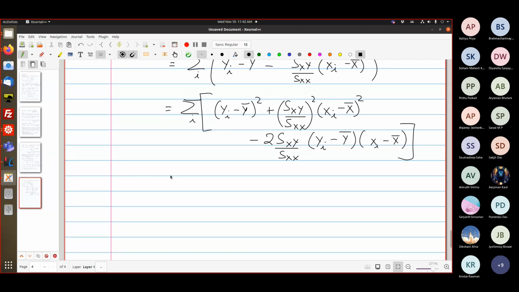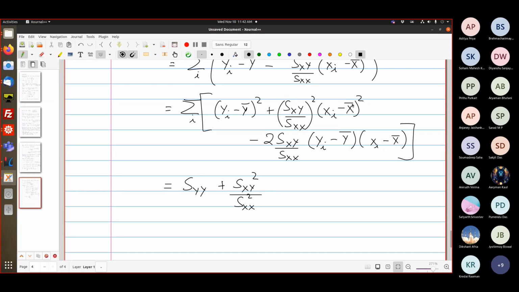Now let's do the sum. What is this first sum, summation i of yi minus y bar whole squared? That will be exactly Syy. Now the second term: this is a constant, so I pull it out. Sxy whole squared divided by Sxx whole squared.